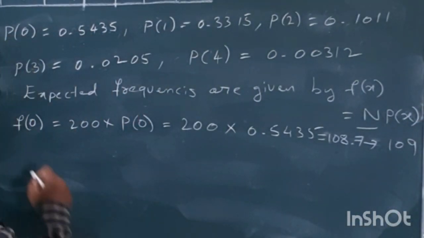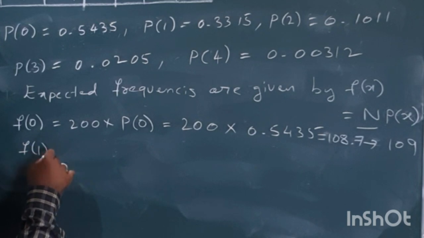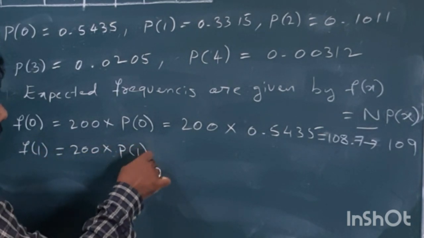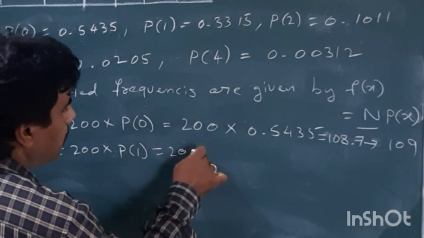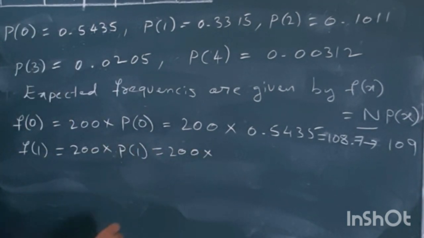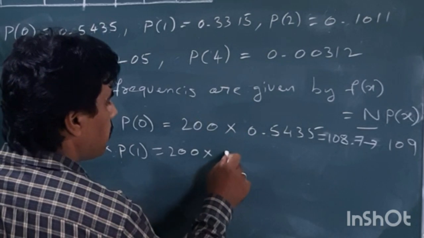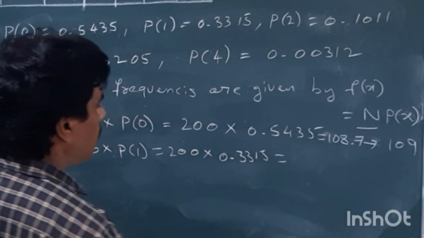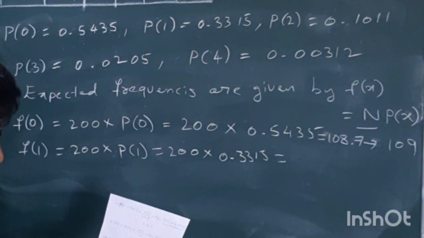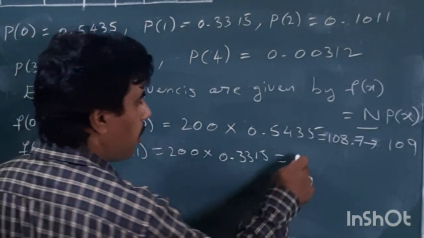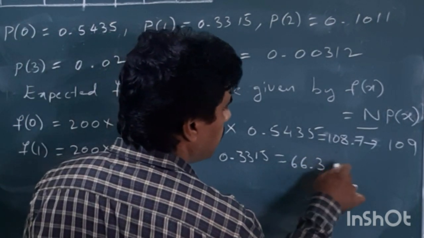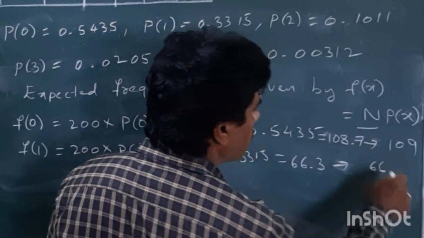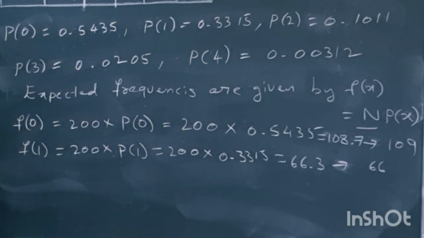Now similarly we have to find out f of 1. 200 into p of 1, 200 into probability of 1 is 0.3315. Multiplying the two factors we get 66.3. This becomes 66 after round off.